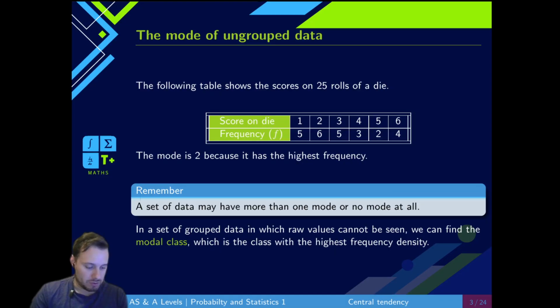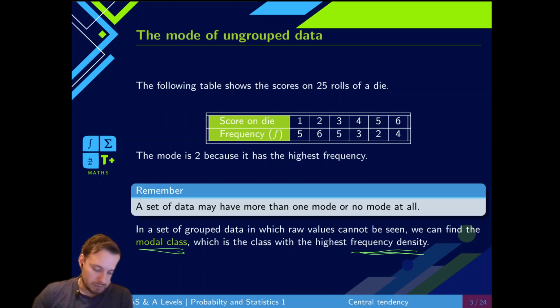When we have grouped data, we cannot see the raw values, and we're not going to find the mode. We're going to find the modal class. What is the modal class? The modal class is the class that has the highest value for the frequency density.